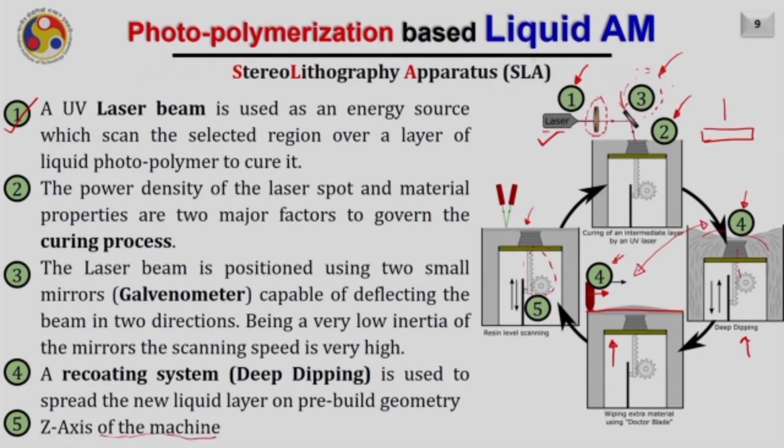It could have a rack and pinion arrangement like you are seeing here, or it can be a scissor lift mechanism. So some of these mechanisms we will see very briefly. So now our focus will be on these 5 subsystems. The first subsystem, like I have already mentioned, is the UV laser beam.